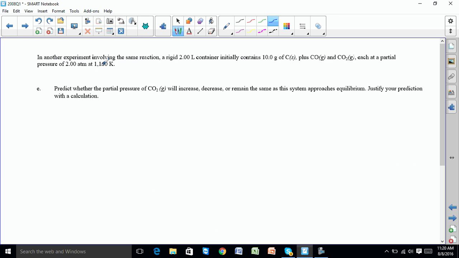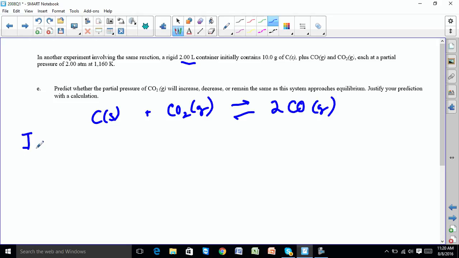Okay, this one's interesting. In another experiment involving the same reaction, we still have a 2-liter flask. We have 10 grams plus CO and CO2. So now we have this reaction going, but it's different in that when we did our first ICE chart, this is interesting.